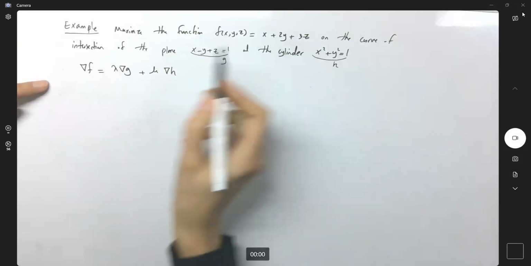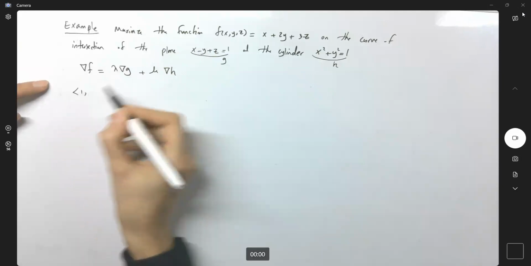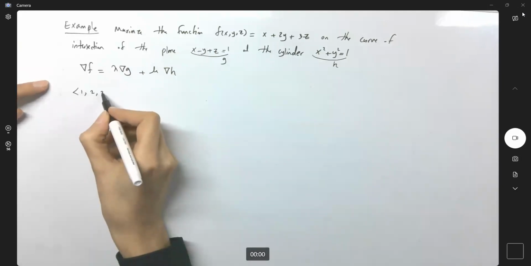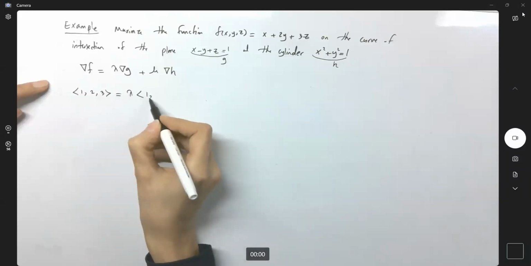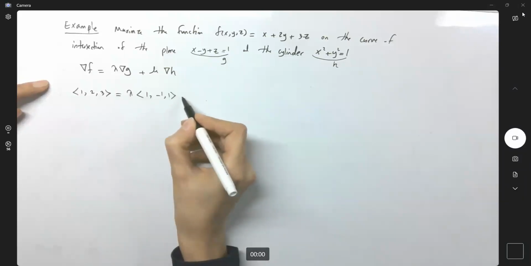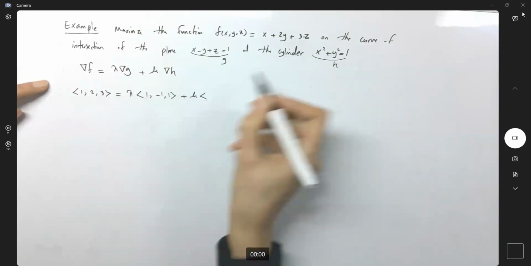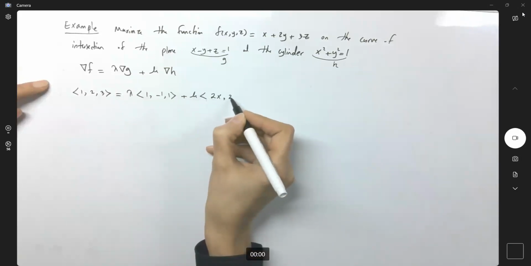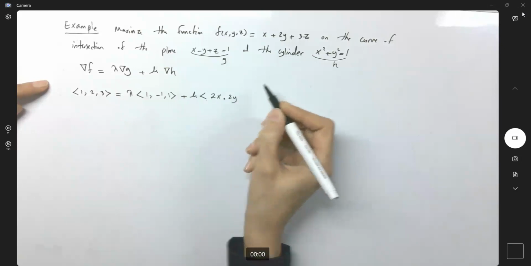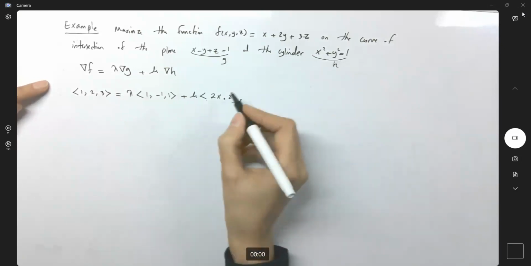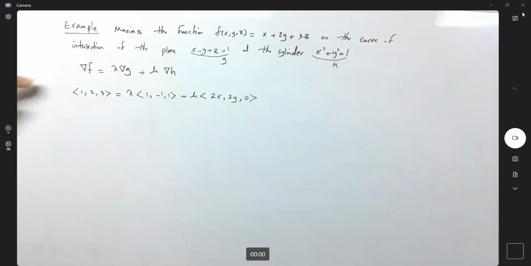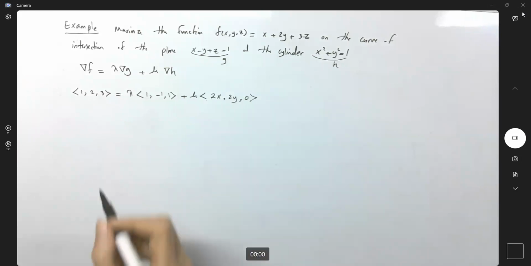The gradient of f is equal to 1, 2, 3, which equals lambda times the gradient of g, which is 1, negative 1, and 1, plus mu times the gradient of h, which is 2x and 2y. It doesn't have any z involved, so it's going to be 0. So what do we have here?